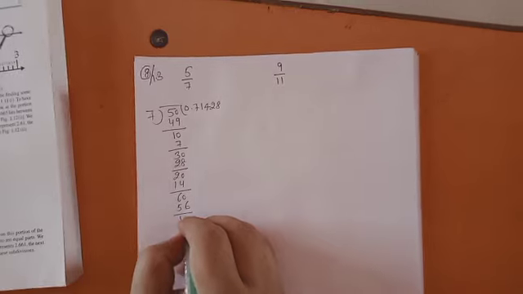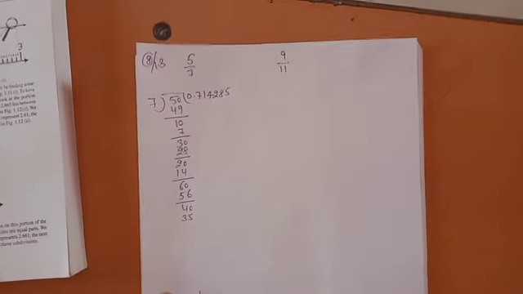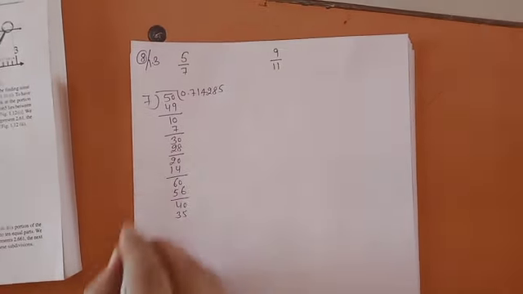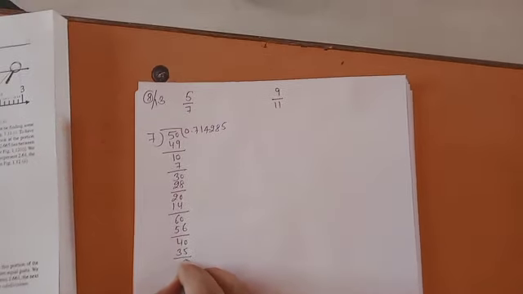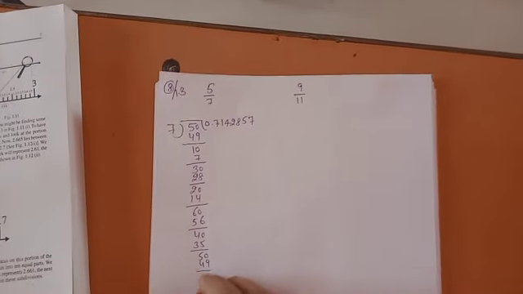How much? 4. 7 5s are 35. So you can write 5 by 7. How much left? 5. Again 7 7s are 49, 1.